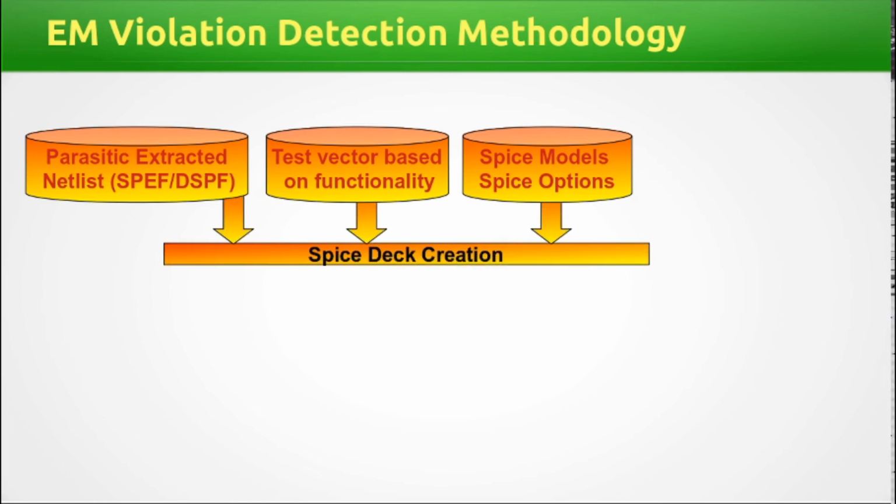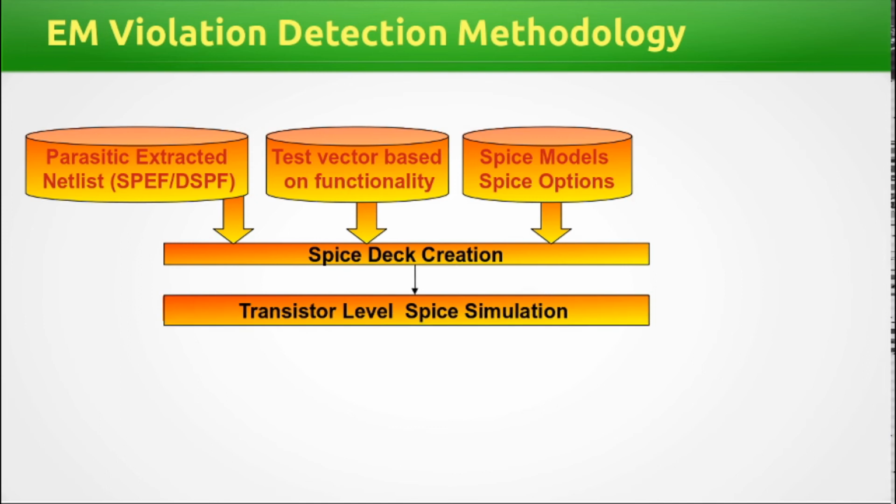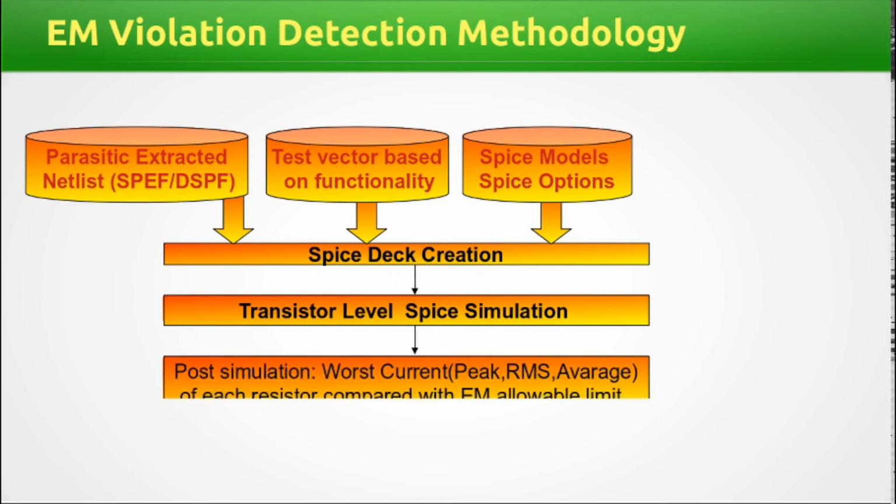These are combined into a SPICE deck. Then transistor level SPICE simulation happens. In analog we know that we do the SPICE simulation, and in digital we have just discussed that for EM critical nets we do these things. This results in peak, RMS or average current.